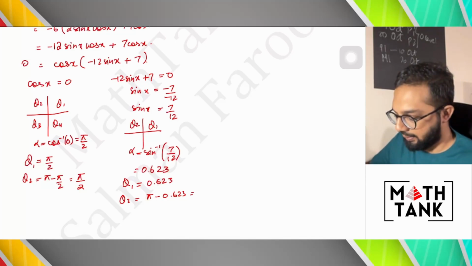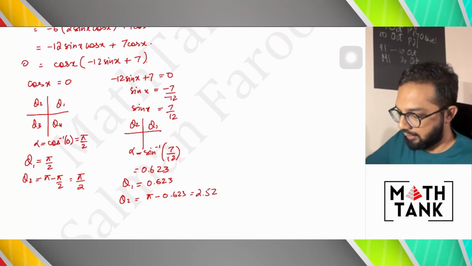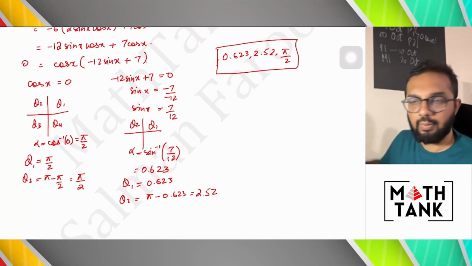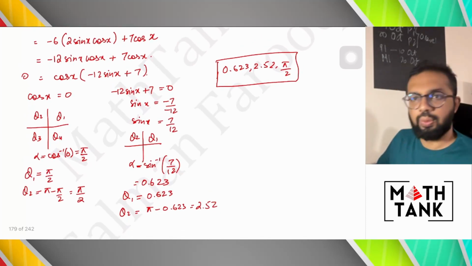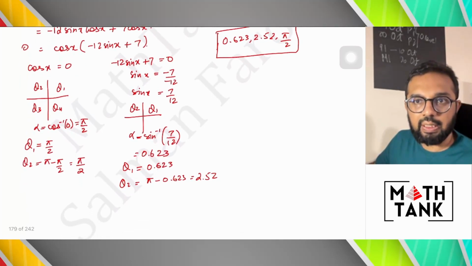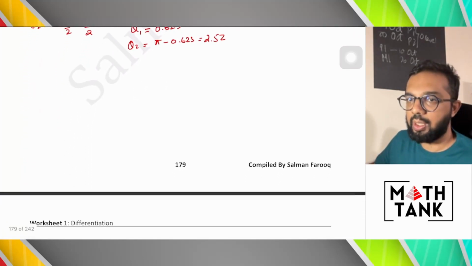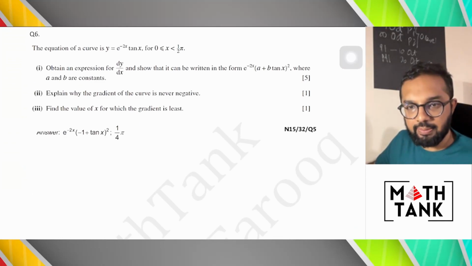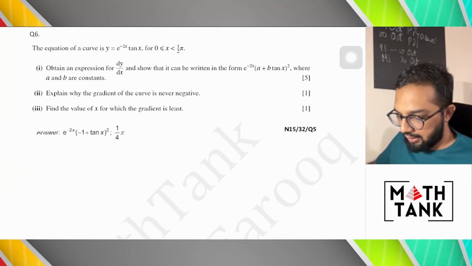That's 2.52. So the three answers are 0.623, 2.52, and pi over 2. You should always write down the answers at the end as a list so that the examiner knows where your answers are. Okay, question 6 tells me that the equation of a curve is this.